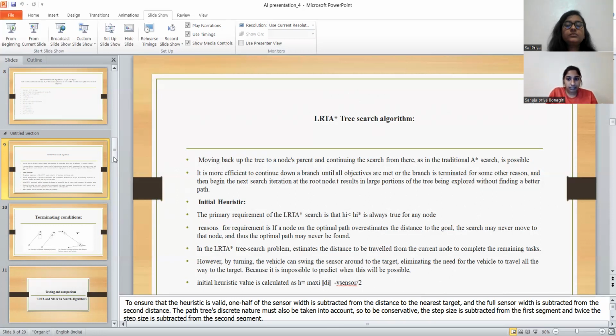The term admissible heuristics refers to heuristics that estimate the real journey length conservatively, as well as determining appropriate beginning values of these heuristics, which are required for LRTA-star search to function properly. It is allowed to initiate the search with heuristics set to 0, but it would take a long time to learn the best path. As a result, the first heuristic estimate should be as large as feasible while still ensuring accuracy. Next slide.